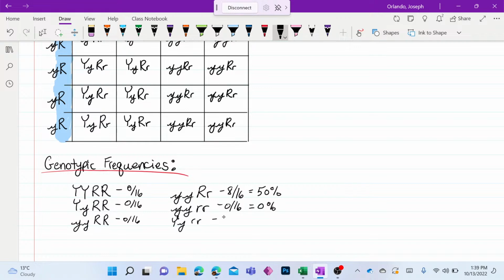How many of those do we have? None. And what's the next combination? Big Y, big R, small r. None of those, right? Oh, yeah, we did have those, didn't we? And is there any other combination we haven't thought of?